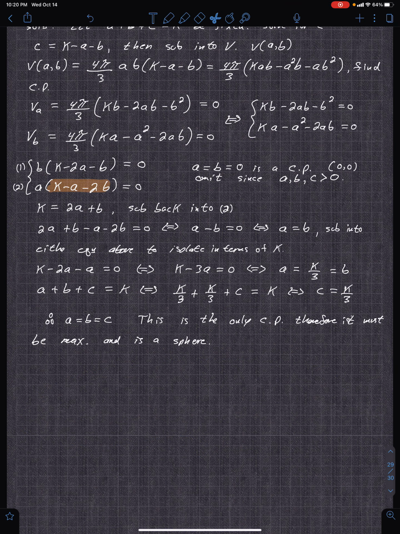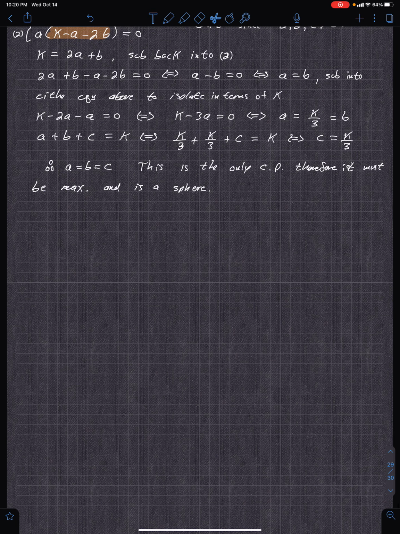Now you can actually show this by the second partials test. So we can show this is a maximum by the second partials test.